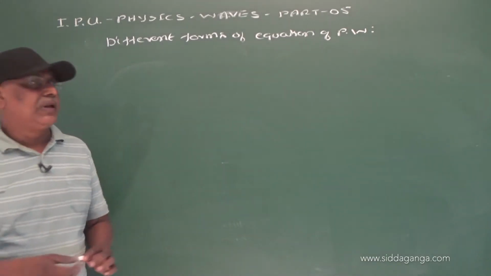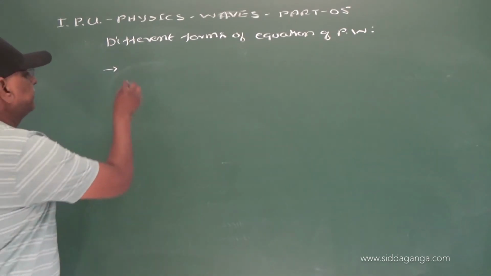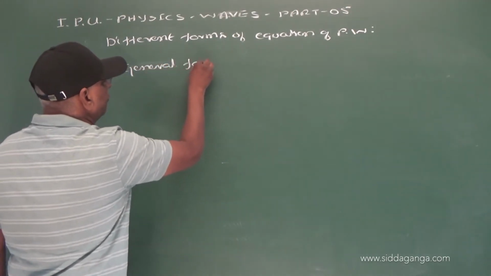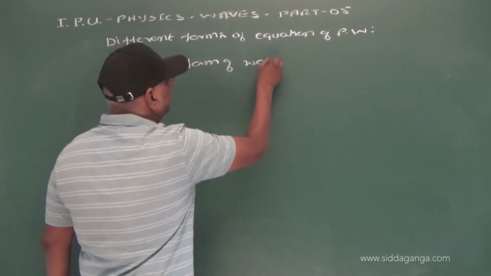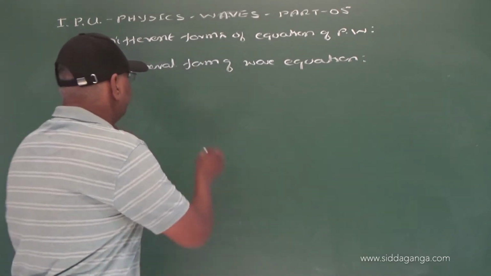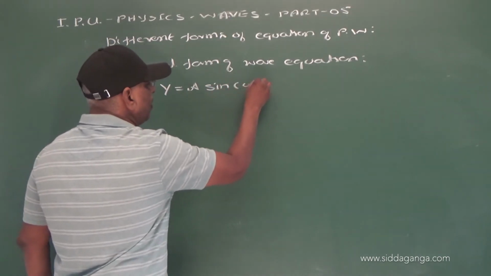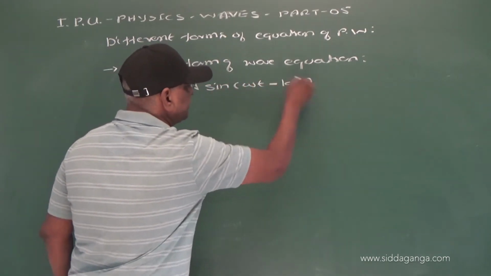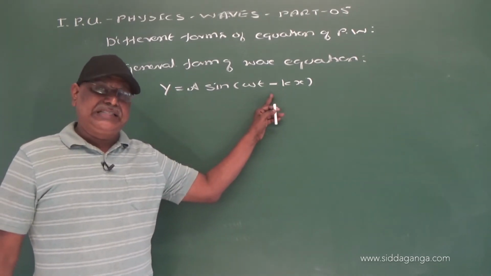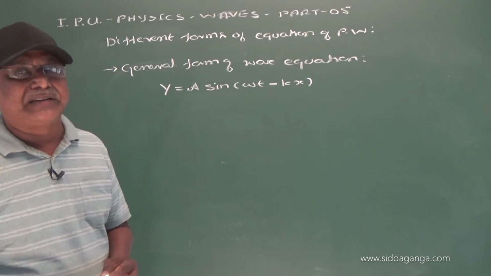Now we have the general form of the wave equation, that y is equal to a sin(omega t minus kx). Here the negative sign indicates that the wave is propagating along positive x direction.